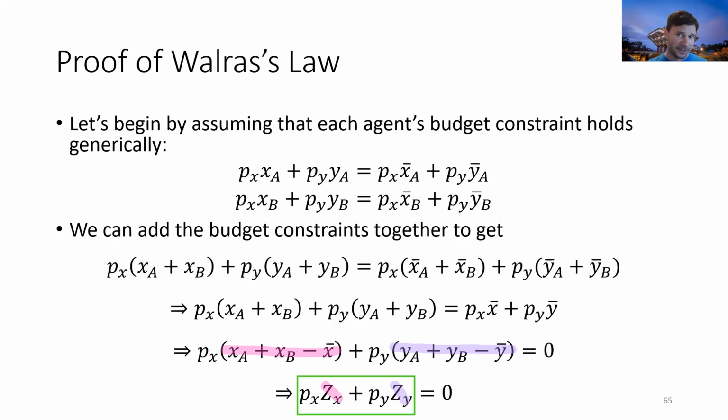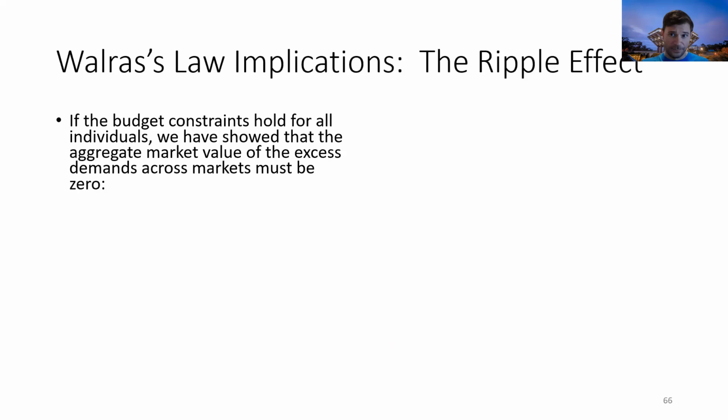And this is telling us that the total value of the excess demands at any time has to always equal 0. Okay. So I'm going to suggest this is a really important result for us to understand. Okay, we've showed that as long as the budget constraints hold, this condition in the green, Walras law, has to be true.